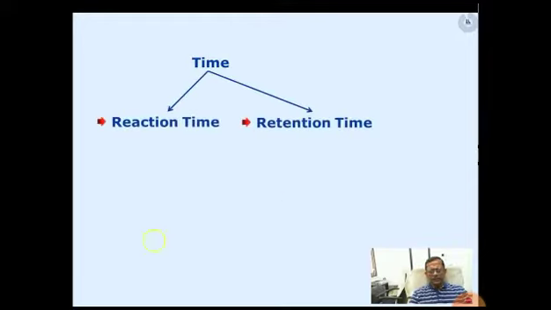There are basically 2 times here. One is the reaction time, the other is the retention time. So if I talk about reaction time, the reaction time is the time required for complete combustion of a fuel particle. So naturally it would depend on a few things.